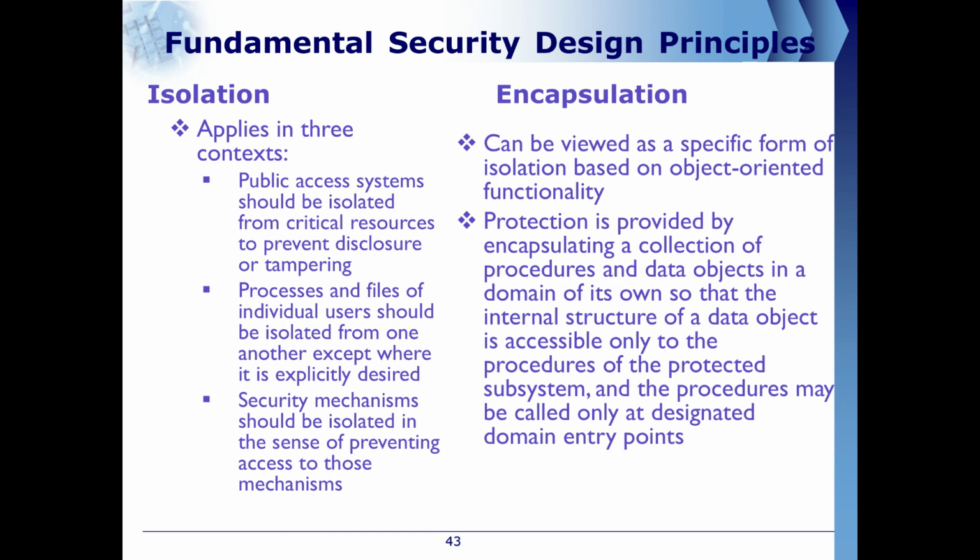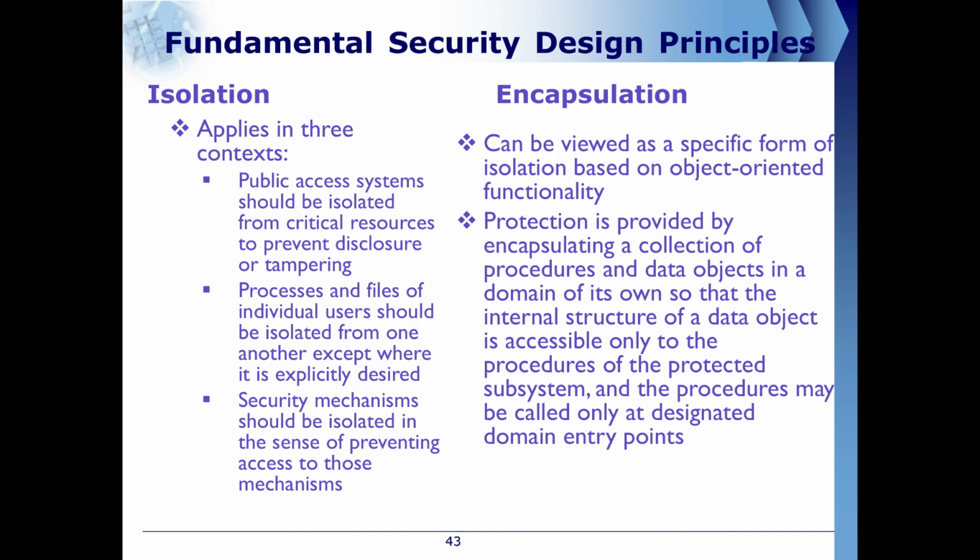Isolation applies in three contexts. Public access systems should be isolated from critical resources to prevent disclosure or tampering. Processes and files of individual users should be isolated from one another, except where it is explicitly desired. Security mechanisms should be isolated in the sense of preventing access to those mechanisms.